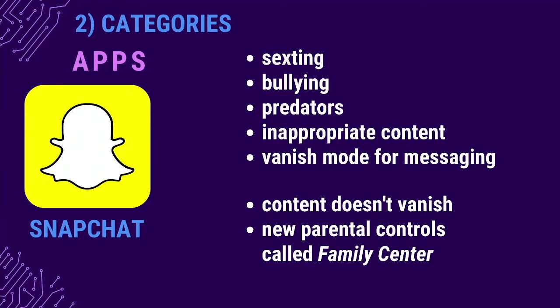Now, the vanish mode for messaging is basically they can hide what they're messaging from you. They receive it, they see it, they respond to it, it disappears. And you'll see there's the same thing on Instagram and a few other things. Now, what kids I think often forget here is the content doesn't vanish. Supposedly it's there for a couple seconds, then it disappears.